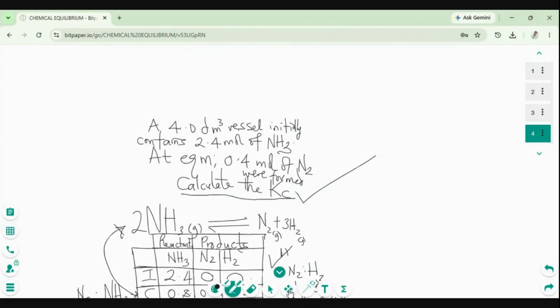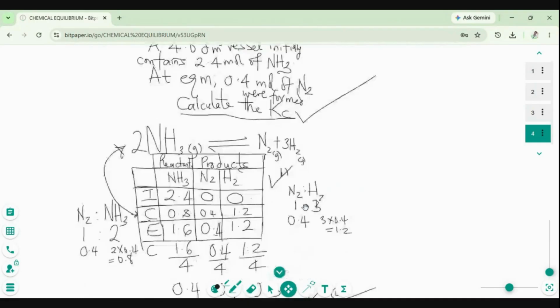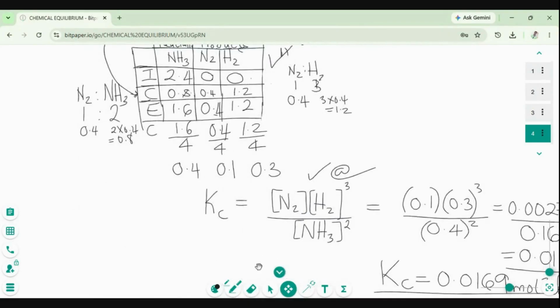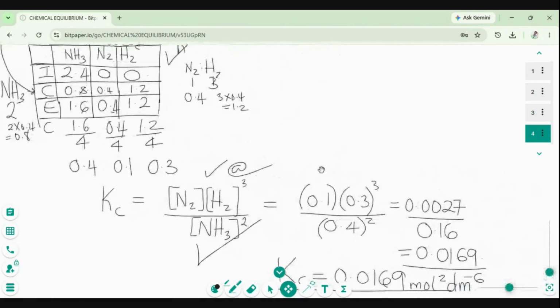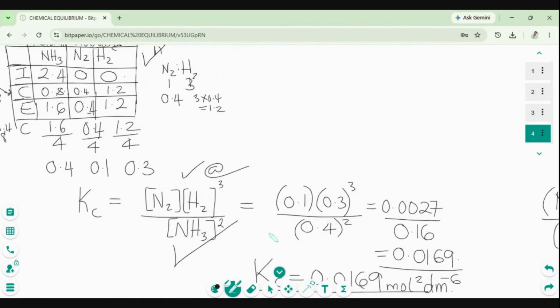So if you want the Kc, to answer that, step 1 is to write the formula, which is this one. Step 3, substitute into the formula, which you see I've done here. And you notice the brackets I'm using when I'm substituting. The brackets I'm using here are not the same as the ones here.